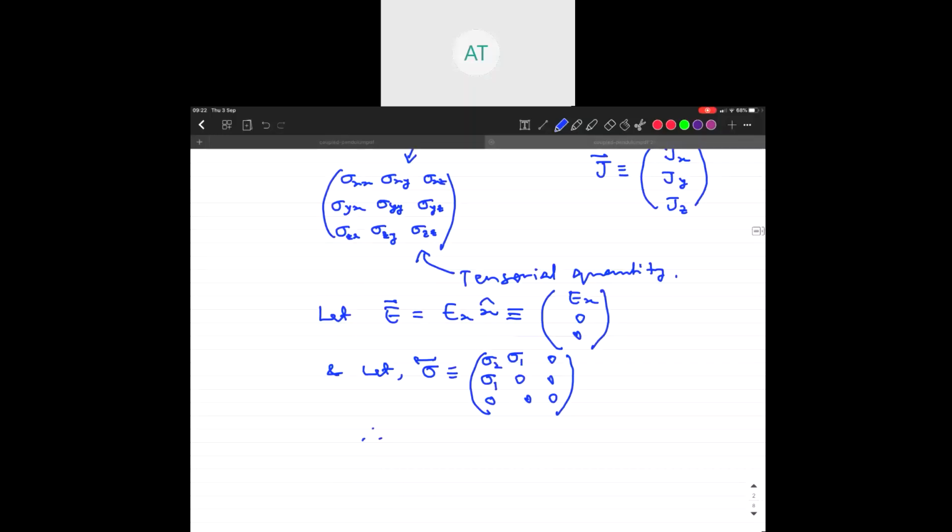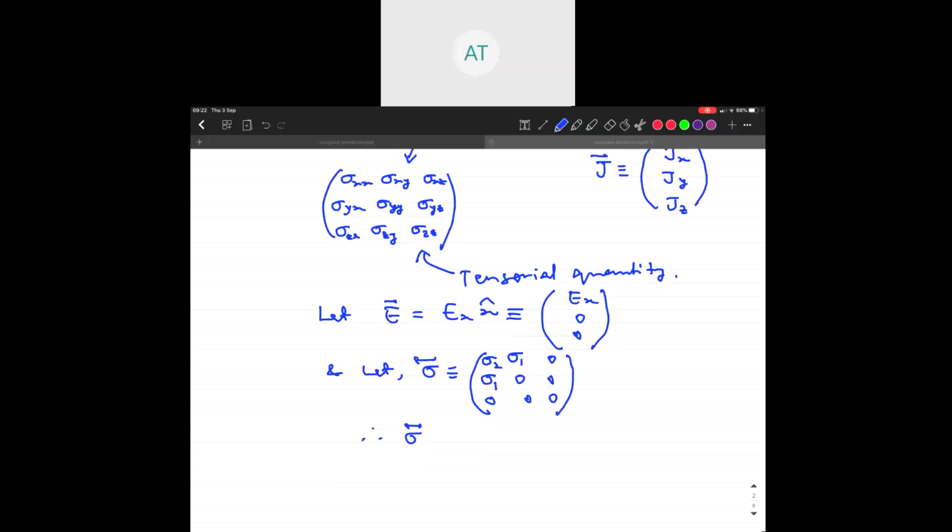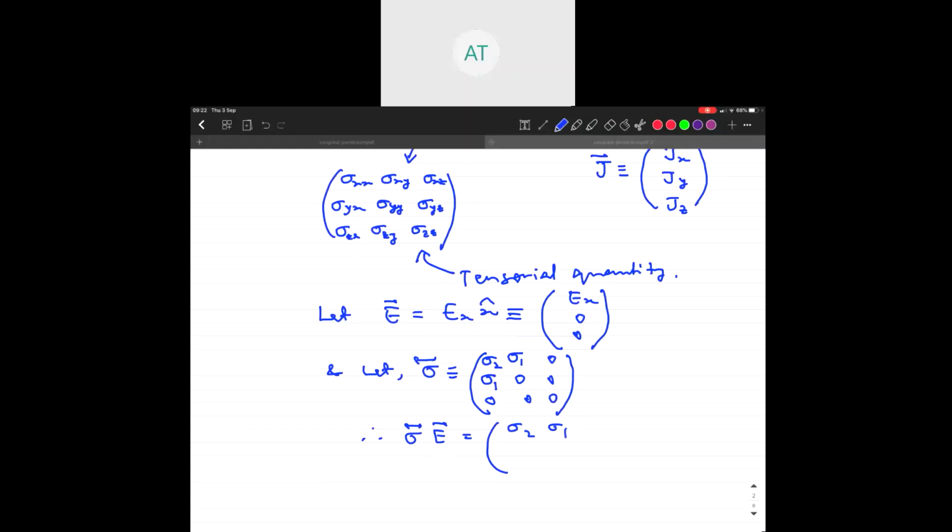So therefore you can see that sigma times E is going to be sigma 2, sigma 1, and 0 in the rows, times Ex, 0, 0. So this would be like sigma 2 Ex, sigma 1 Ex, and 0.